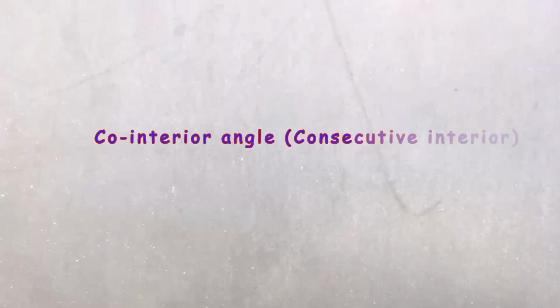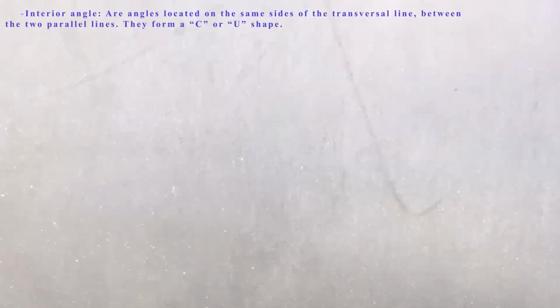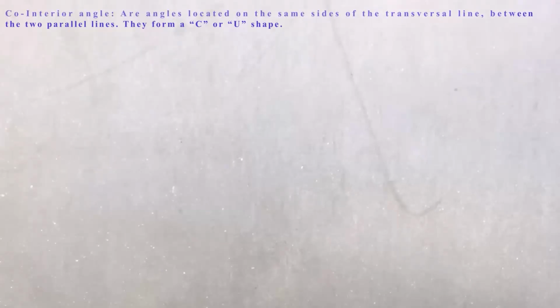Still using parallel lines, let's consider co-interior angles, also known as consecutive interior angles. Angles located on the same side of the transversal line between the two parallel lines are co-interior.